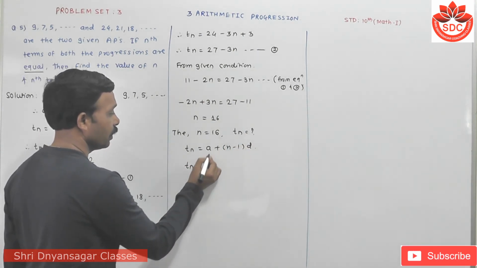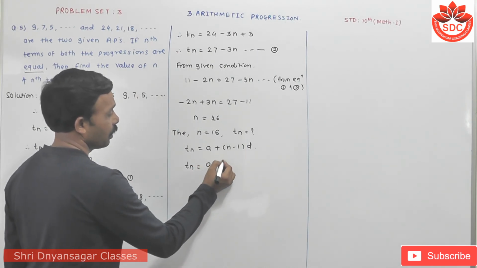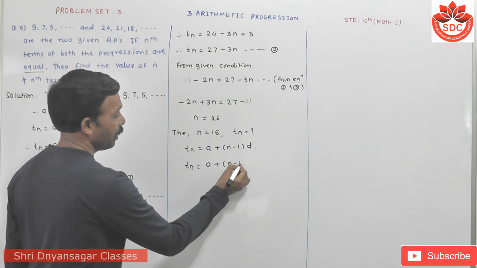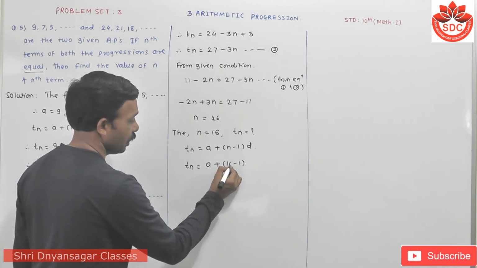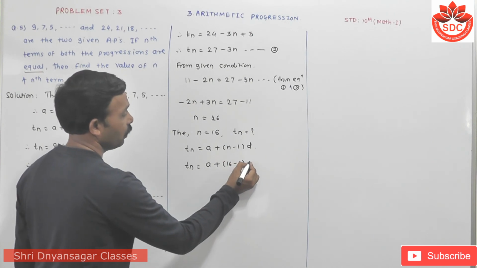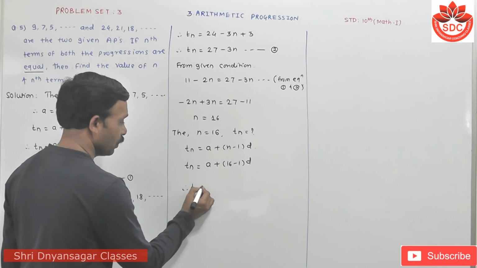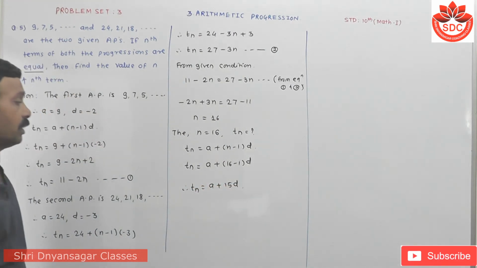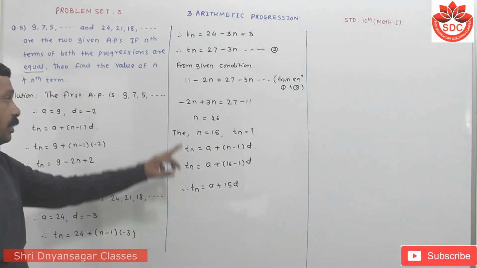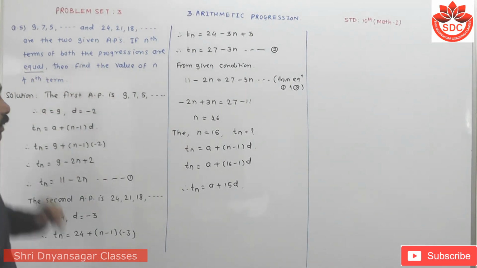Tn is equal to a plus n minus 1 into d, where n is 16, so 16 minus 1 into d. Then Tn is equal to a plus 15d. This is the nth term. This is the value of n. The answer is, find the value of n and the nth term.